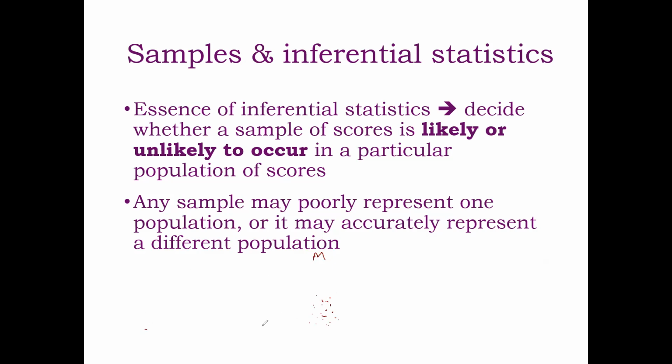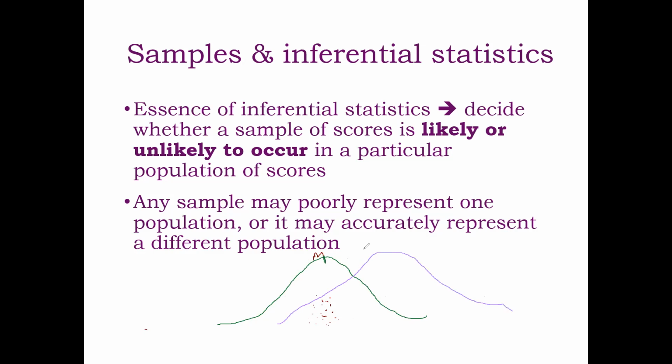It could be that these are actually all scores from a population with a mean that is equal to their mean. So it would accurately represent this population. But what if these scores come from a different population?